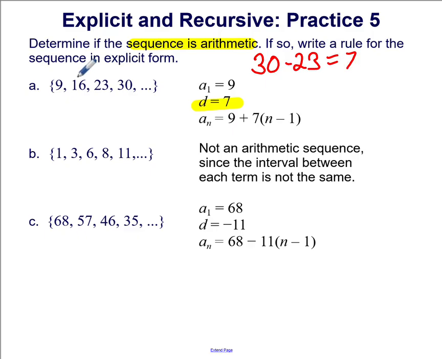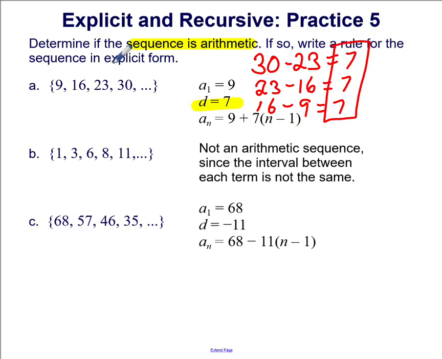If I take 23 and subtract the previous term, 23 minus 16 is also 7. And 16 minus 9 is also 7. The fact that we keep getting the same answer proves the existence of a common difference. That's how you know you have an arithmetic sequence.